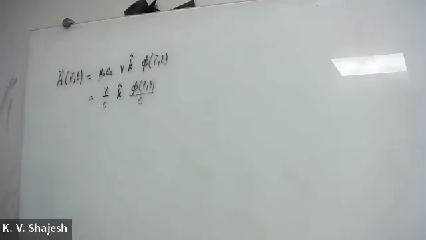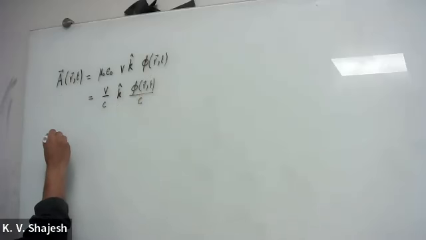Because phi has this epsilon naught, but it is not there here. So I provide that by multiplying and dividing. Okay. So it's clear that we should concentrate our time on getting our scalar potential, and the vector potential is straightforward from that.